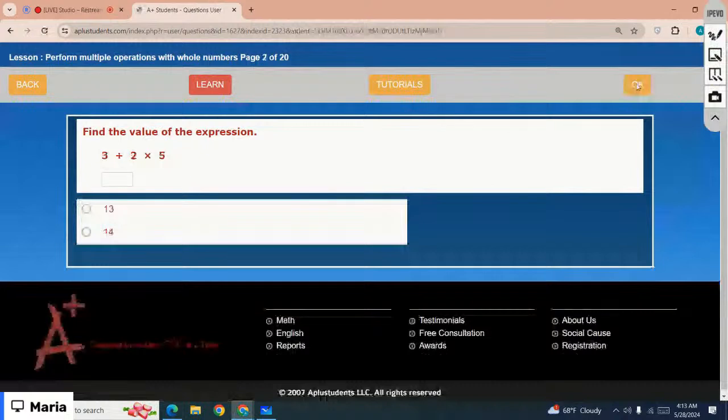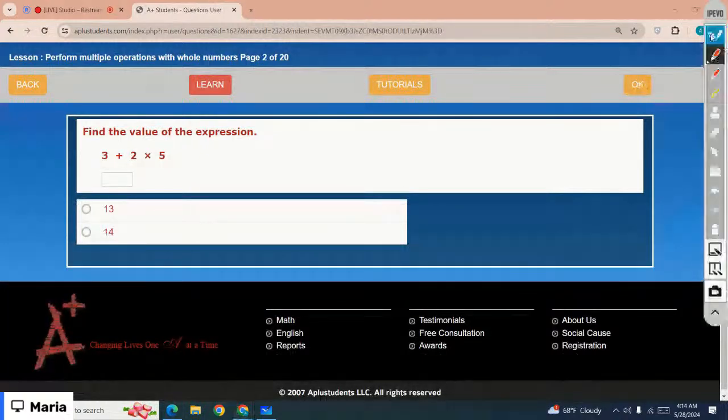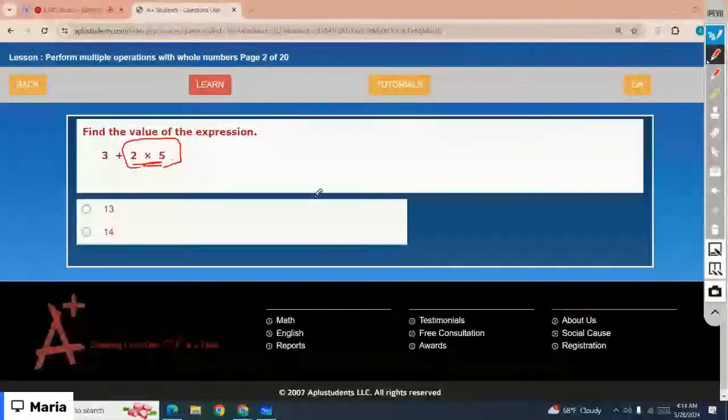Find the value of the expression. Now you have division, addition and multiplication, right? But the multiplication has higher priority. You have to perform multiplication first. You have to do 3 plus 5 times 2, 5 times 2 is 10.